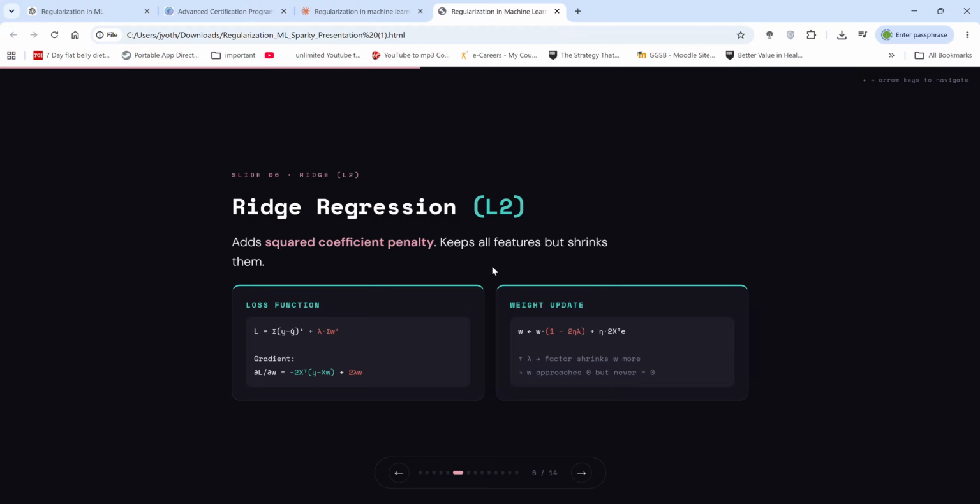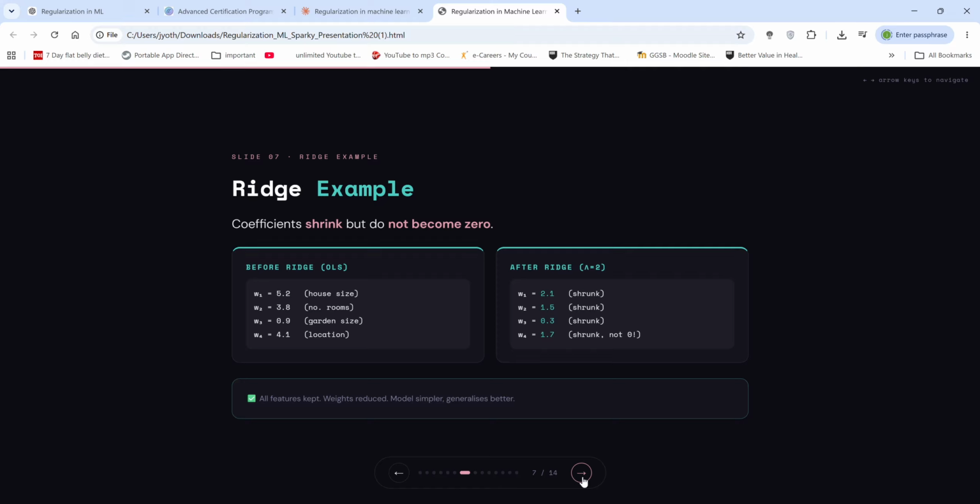But the disadvantage of ridge is that the coefficient never becomes zero, and because of that we come to a new concept called lasso regularization. Here, you can go online and play with it.